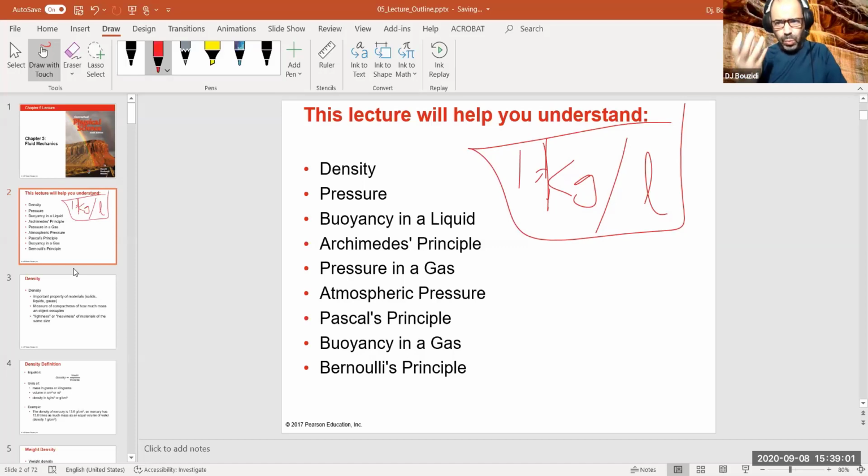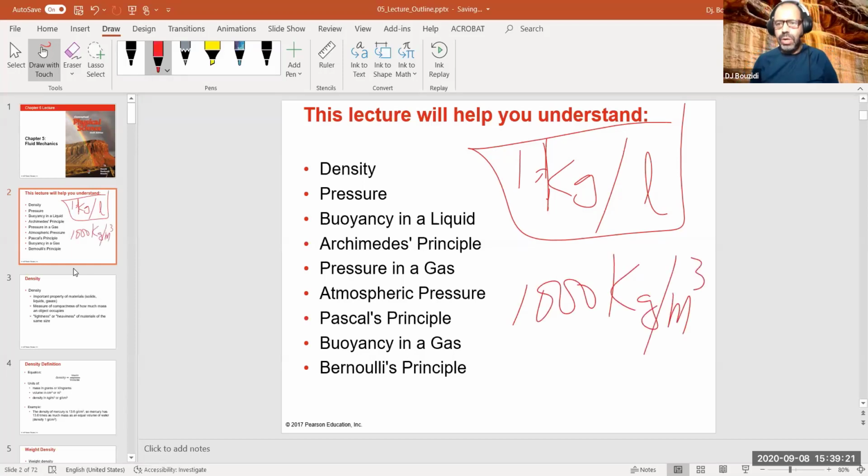If you bring me 1 liter of water, it weighs 1 kilogram. So that's a number to remember. Or a ton, 1,000 kilogram per cubic meter. It's the same thing. So this is a number that is worth remembering.